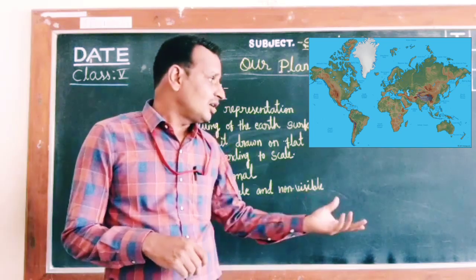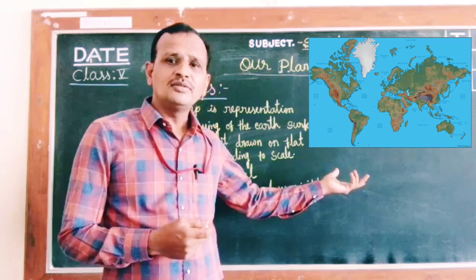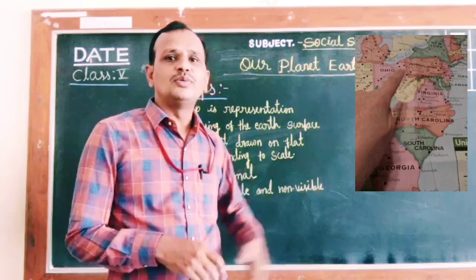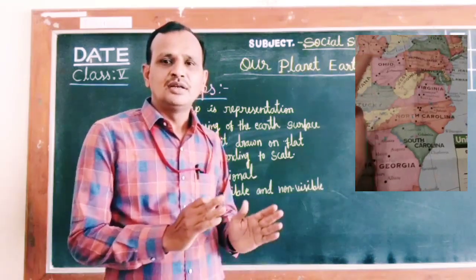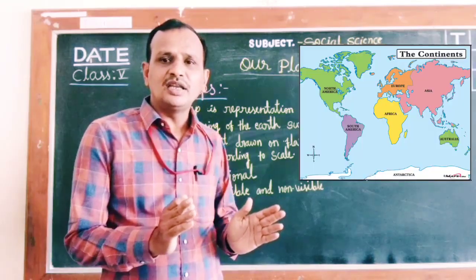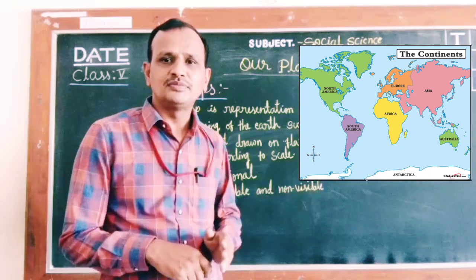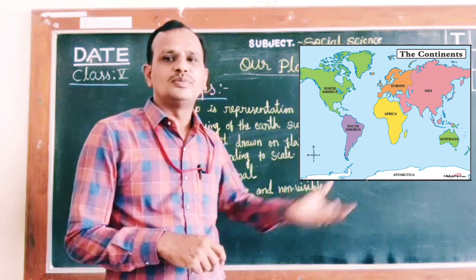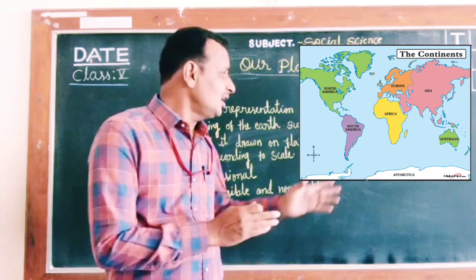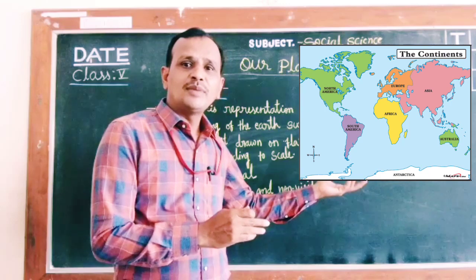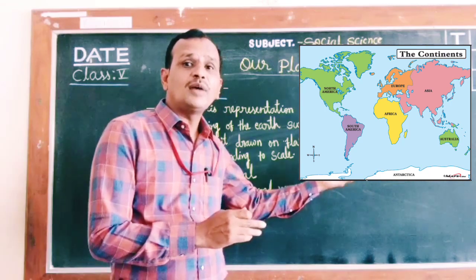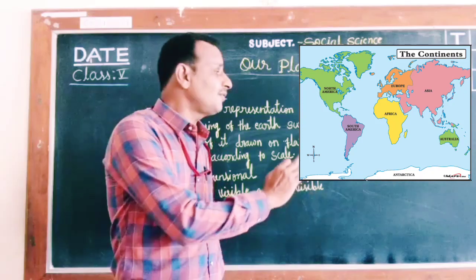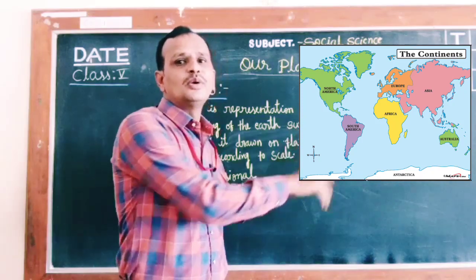Why? Because maps are the flat form of the globe. The maps are in which shape? Flat shape. A map is nothing but a flat form of the globe.